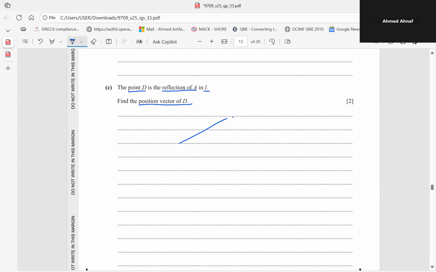So this is our line L, and this is the point A, and this is the point D. So by reflection, it basically means that the perpendicular distance from D to L is equal to the perpendicular distance from A to L. So basically the length of DP is equal to the length of PA.